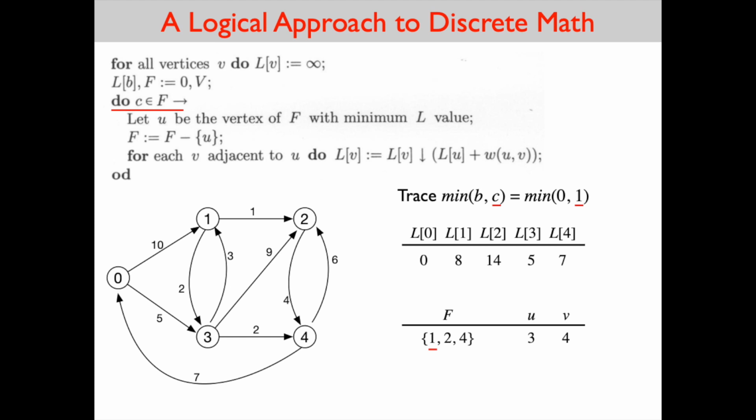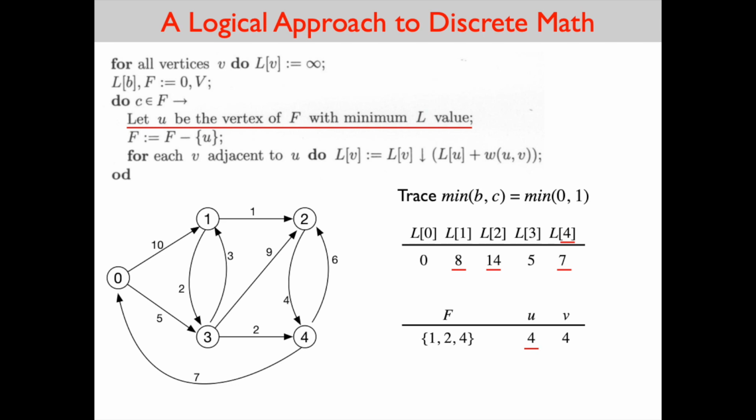So now what do we have to look at? Can you anticipate what we have to inspect? The next statement says that u be the vertex of f with minimum L value. Well, how many vertices do we have in f? What are they? They are 1, 2, and 4. So what values do we have to look at? As shown in this next slide.